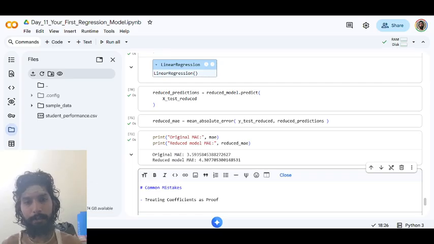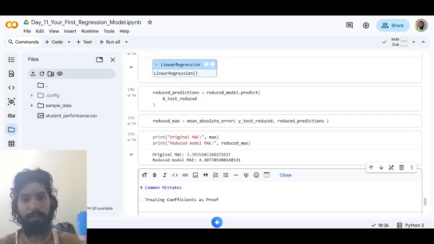Suppose study hours has a positive coefficient. We can say in this fitted model, higher study hours are associated with a higher predicted score when the other model inputs are held fixed. We should not immediately say one extra hour of study causes the score to rise by exactly this amount. To make a strong causal claim, we need appropriate study design, better control of confounding factors, and often additional analysis.